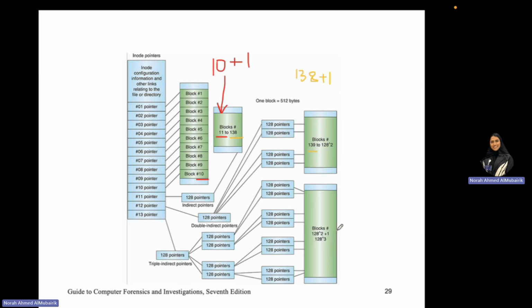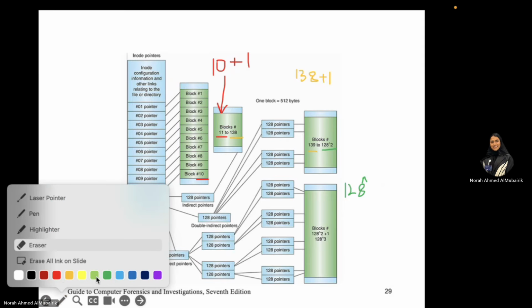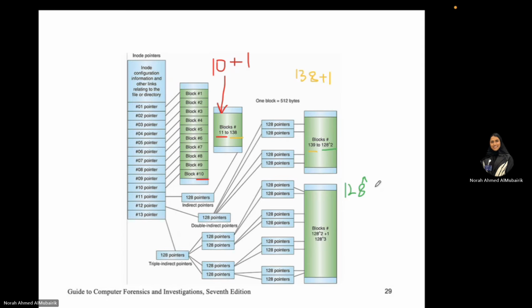How can I know the first starting data here? I take the last one, which is 128 to the power of 2, plus 1, and it will be the starting point of this.